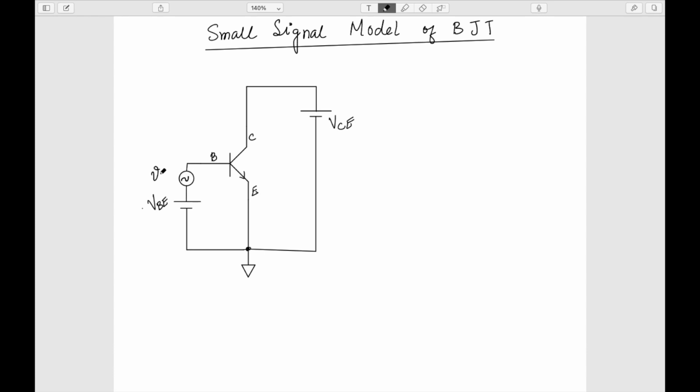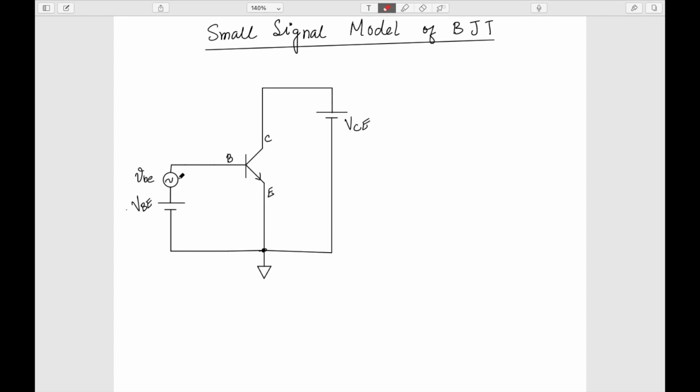So I have applied a small signal here, vbe, and because of this, there will be a small change in the current. When this vbe was 0, it was not there. Because of this DC voltage, I had this DC current IB, which is represented by capital letter I and capital letter B, and because of which there was this IC current, which is of course beta times IB.